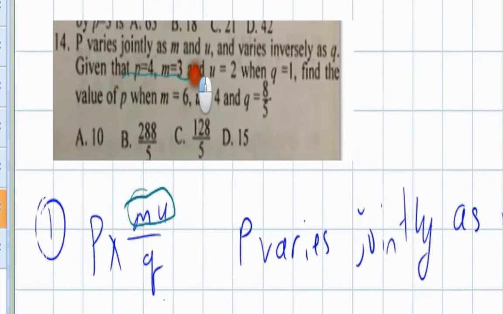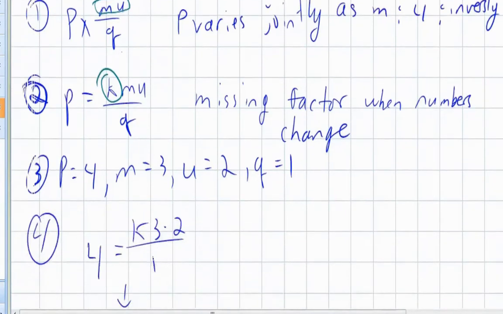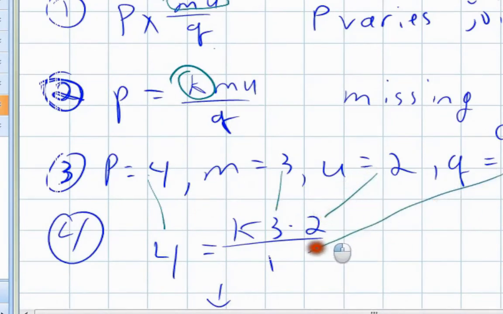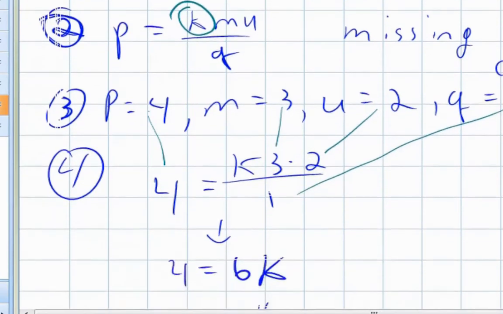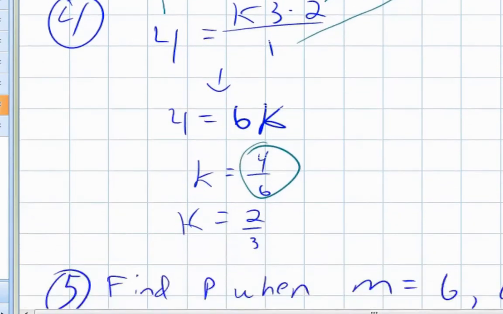Given that p is equal to 4, m is equal to 3, u is equal to 2, and q is equal to 1, I just plug in all those numbers. So now I have p, m, u, and q, and I'm leaving the k there so I can figure out how these numbers all change together. So then that means that k is equal to 4/6, which reduces to 2/3.